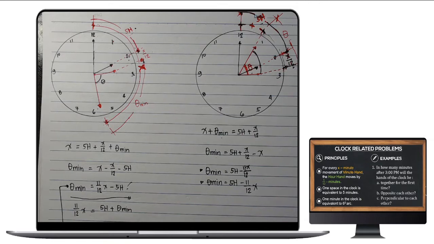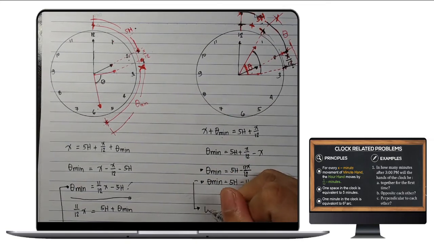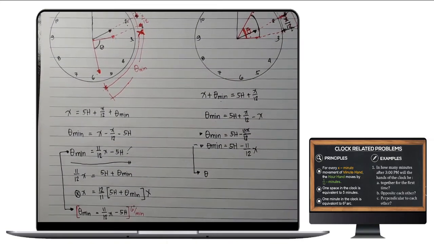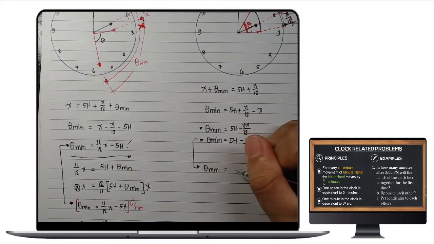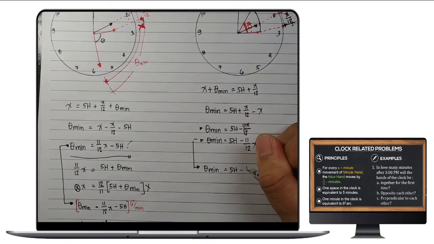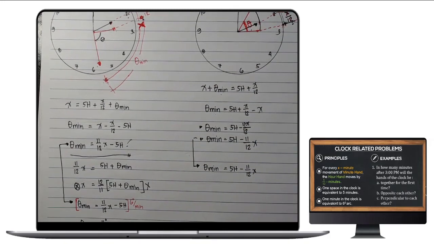Okay? So, let's say, kagaya ng ginawa natin kanina, from this equation, that is theta in minutes is equal to 5h minus 11 over 12x. Kukunin natin yung formula kung yung ating theta ay naka-convert in degrees.